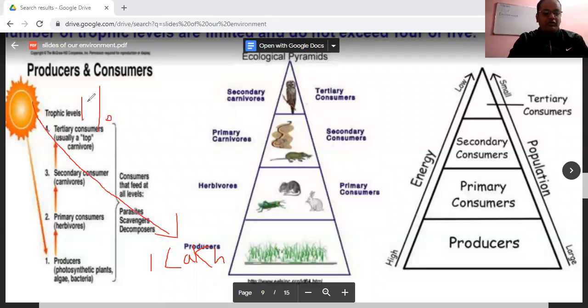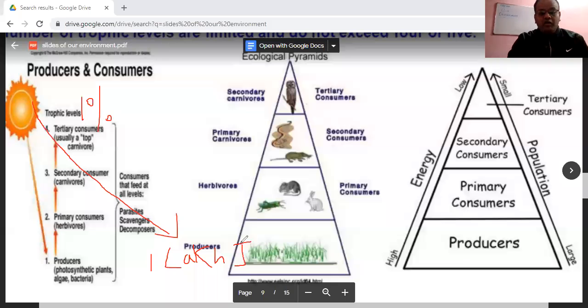Only 1% of the energy from the sun is being captured by the producer, and from that 1% solar energy, the producer is suppose producing 1 lakh joule of energy. So how much energy is there now in the producer level?